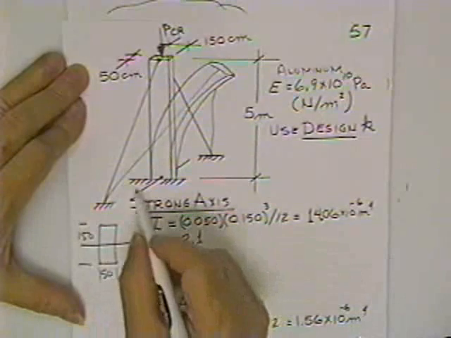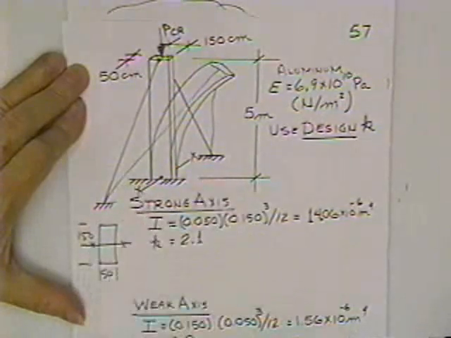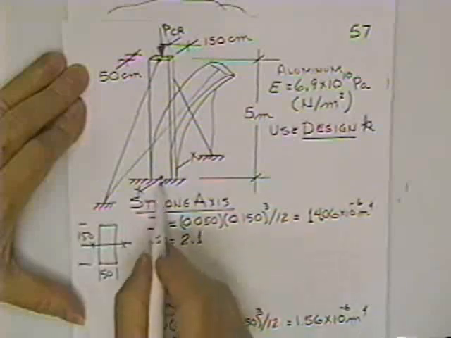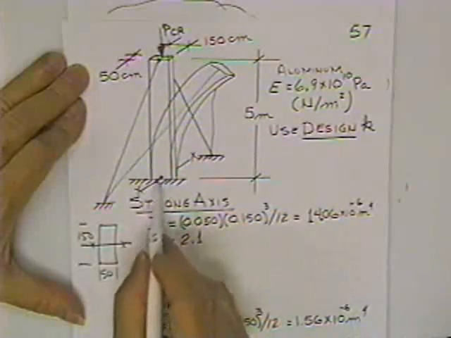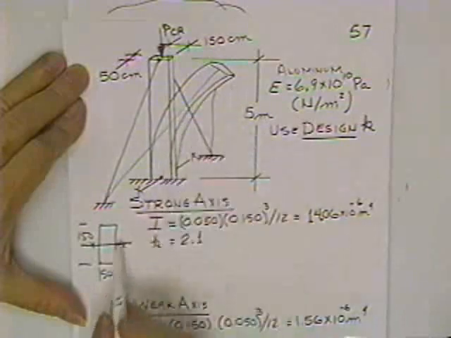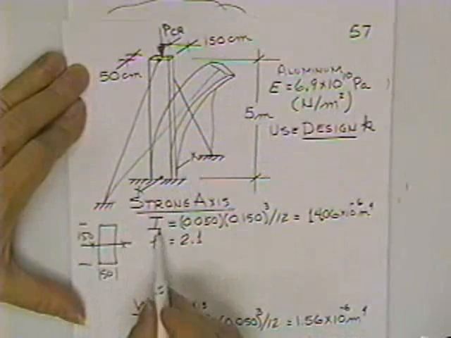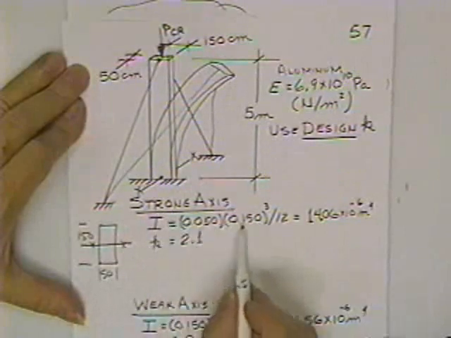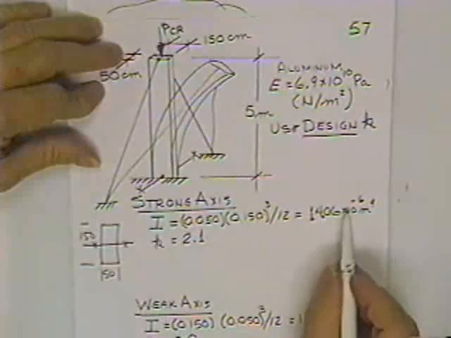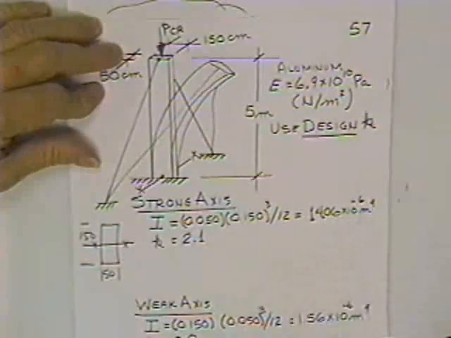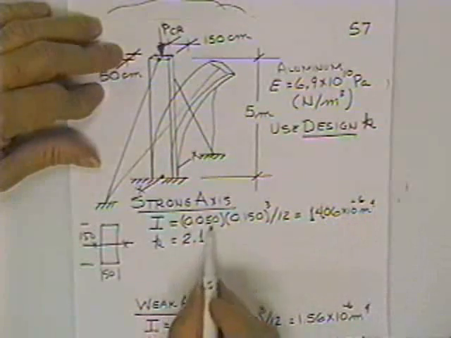That would buckle about the x axis. If you think it'll buckle about the x axis, I don't care if it's strong or weak. If you think it'll buckle about the x axis, then you show x horizontal, and that's the base. So the moment of inertia is base height cubed over 12. That comes out 14.06 times 10 to the minus 6 meters to the 4th.